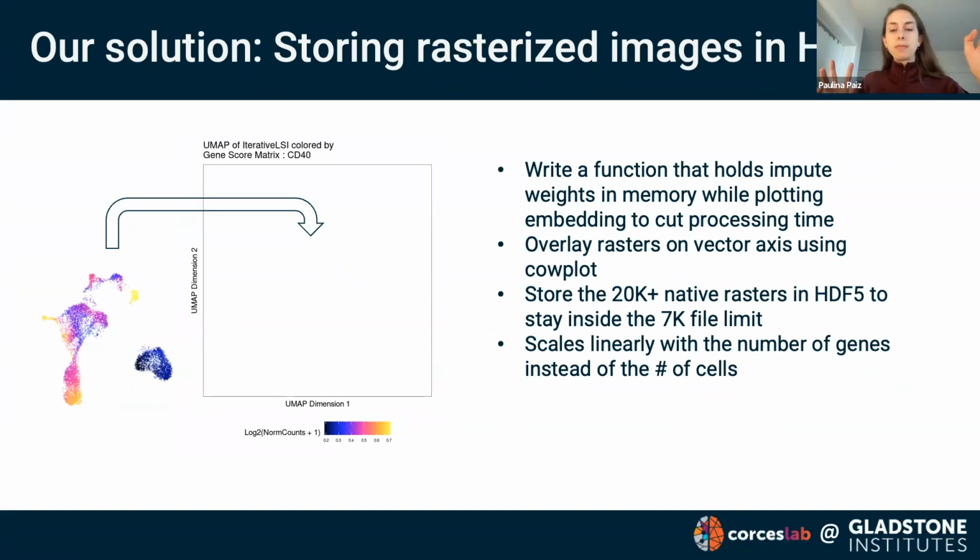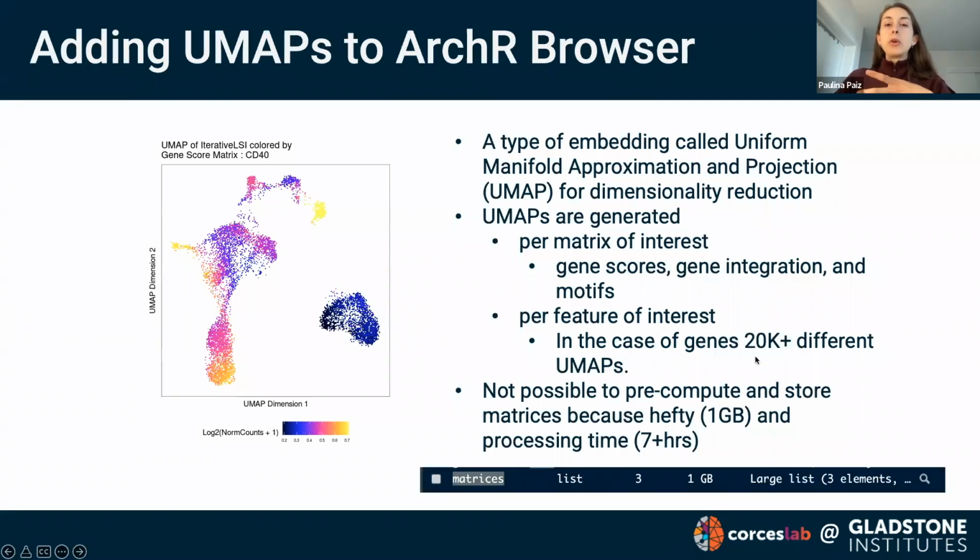They're sort of like raw integer formats of the colors contained there, and we store all of that in the HDF5. That way we keep inside the 7,000 file limit that shinyapps.io has, because otherwise, it would be 20,000 just for one matrix.